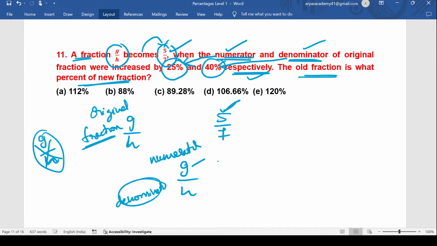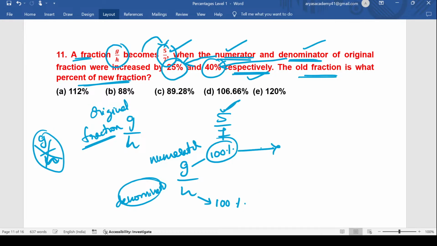Whatever may be the value of g, it might be 2 or 3 or 4 or 5 or 6 or 7, but initially before changing, it is always what percent? 100%. Similarly, whatever may be the value of h, it might be 2, 3, 4, 5, whatever it may be, but initially, before applying the changes, h will always be considered to be 100%.